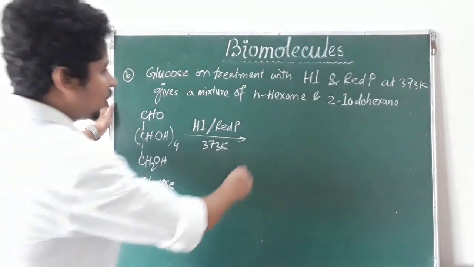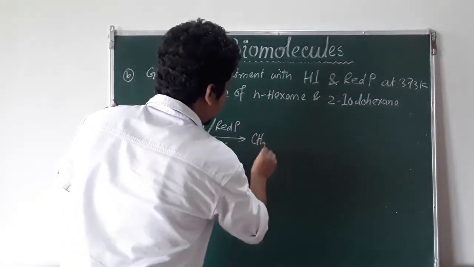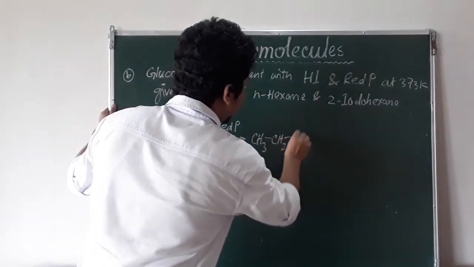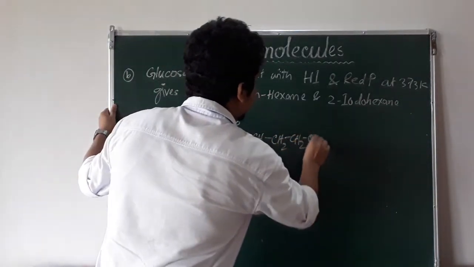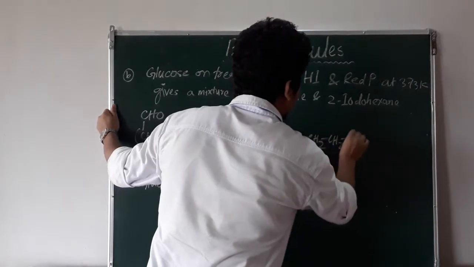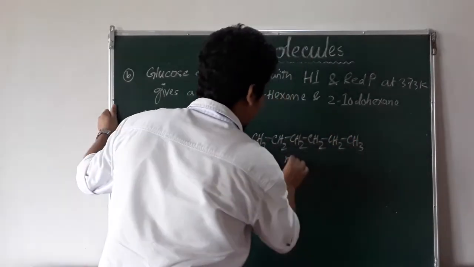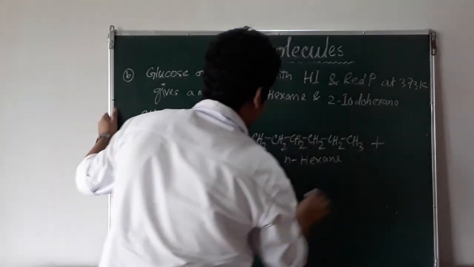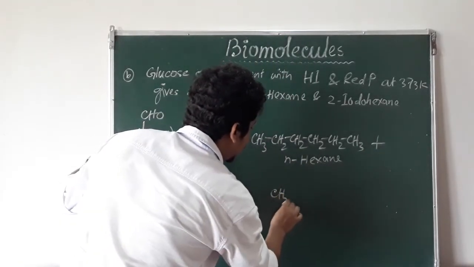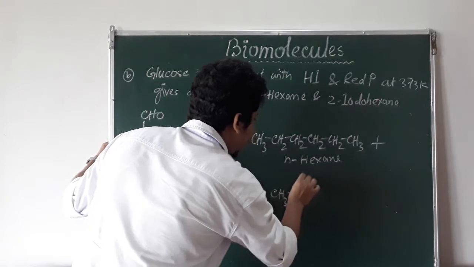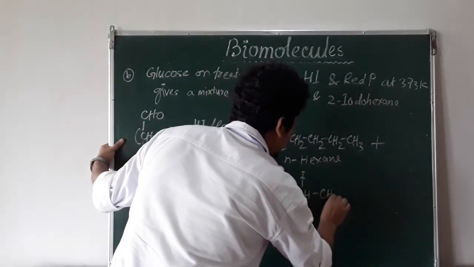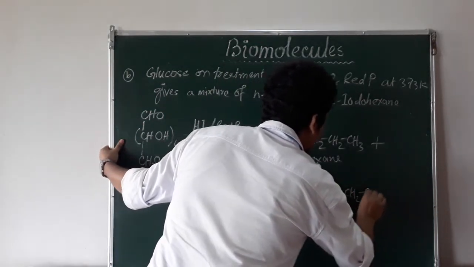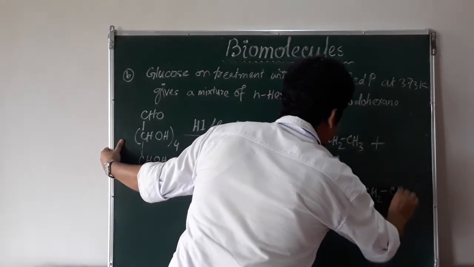So here it will convert into CH3 bond CH2 bond CH2 bond CH2 bond CH2 bond CH3. Okay, so this is N-hexane plus CH3 bond CH bond I bond CH2 bond CH2 bond CH2 bond CH3.